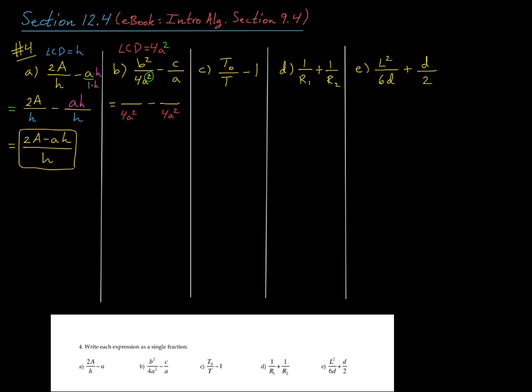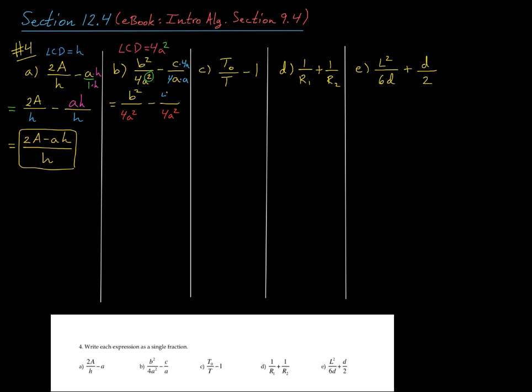And so now, again, the first fraction's already set up for us. Has that denominator 4a squared. For the second fraction, though, I'm missing a 4 and a factor of a to get up to the 4a squared. So I'm going to need to multiply the c by 4a as well.